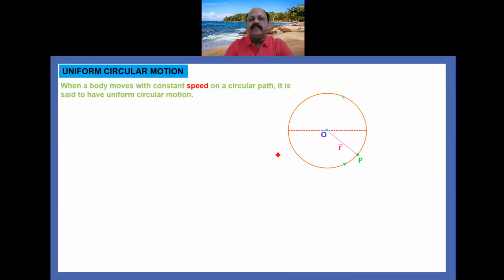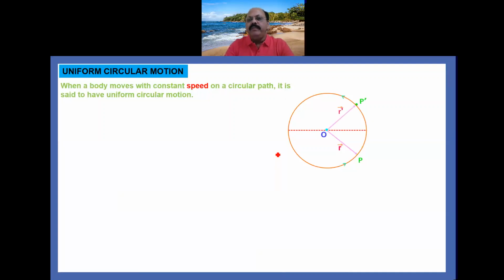Then we say that it is a uniform circular motion. Here a body is at point P which is moving with constant speed along the circular path of radius r. In vector form it is represented by r vector and the center of the circular path is represented by O.